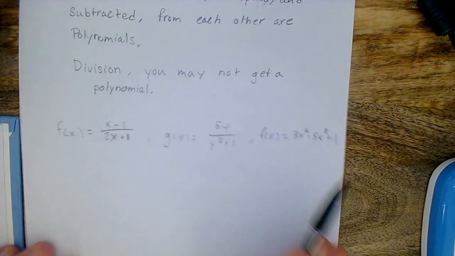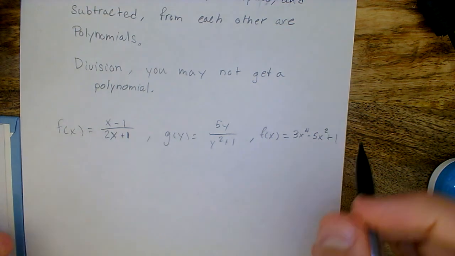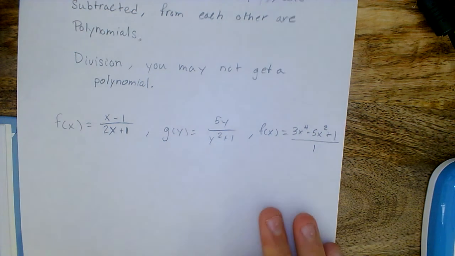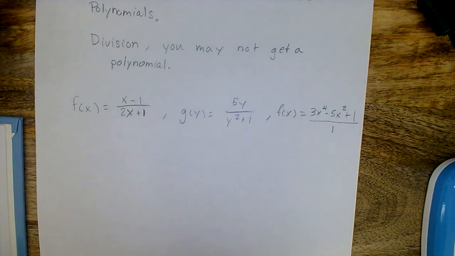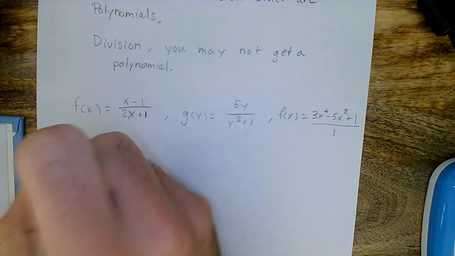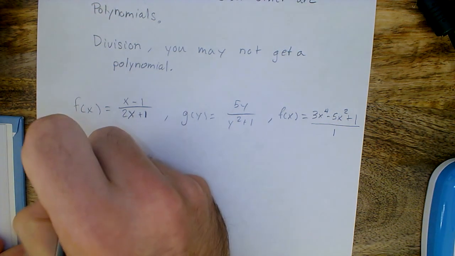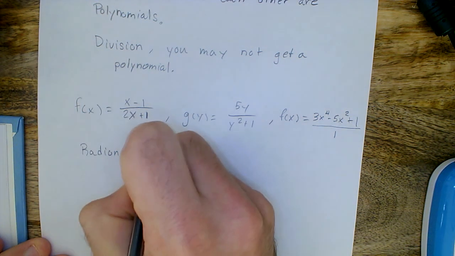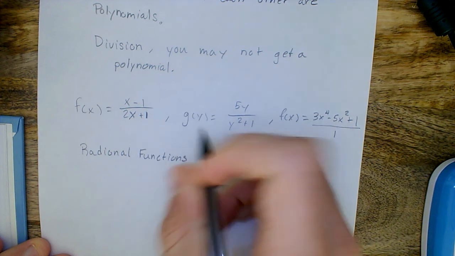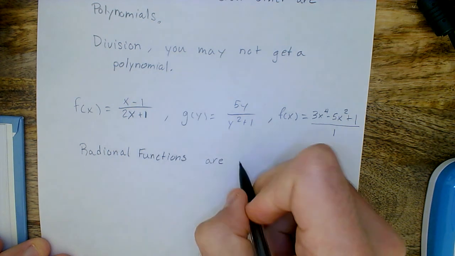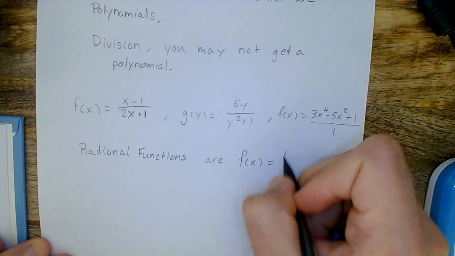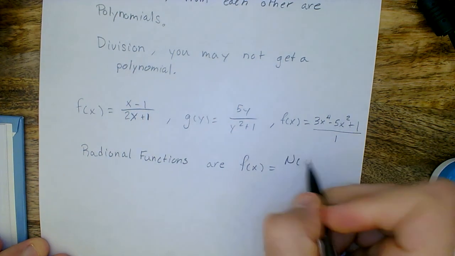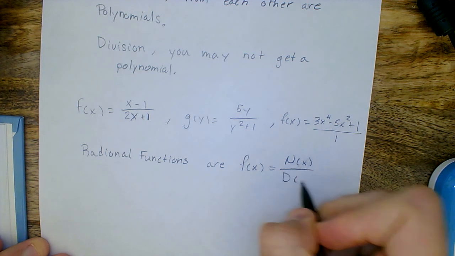Okay, so this one, all polynomials are actually rational functions too. The polynomial on the bottom here is just 1. So polynomials just take this form here. Rational functions, rather, are f of x equals the numerator over the denominator.